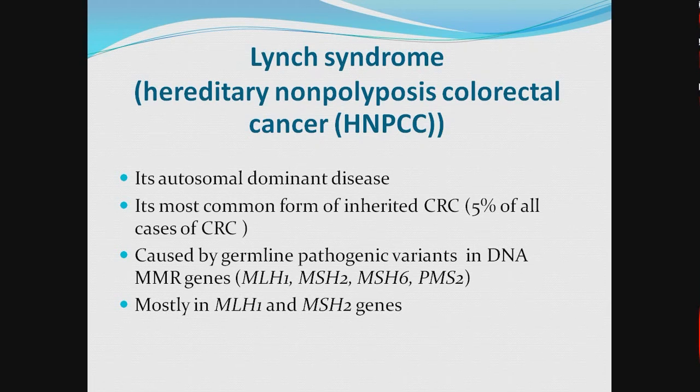And from these four, the most common are the MLH1 and MSH2 genes. إذن هذه مجموعة 4 جينات تابعة لمجموعة MMR، وأي طفرة بها ممكن أن تولد سرطان القولون، وأكثرها MLH1 وMSH2.